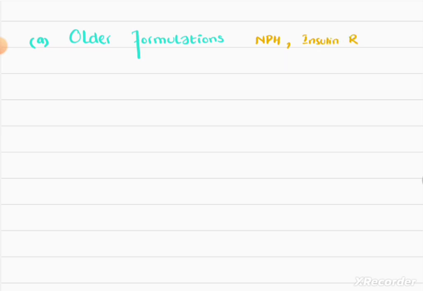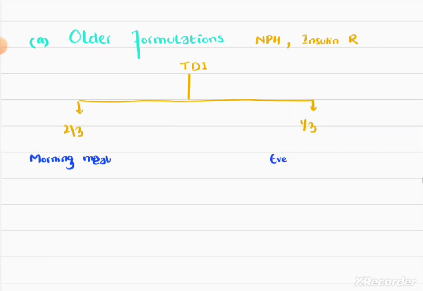we calculated the TDI, and then two-thirds of this insulin is usually given before the morning meal, and one-third is given before the evening meal.